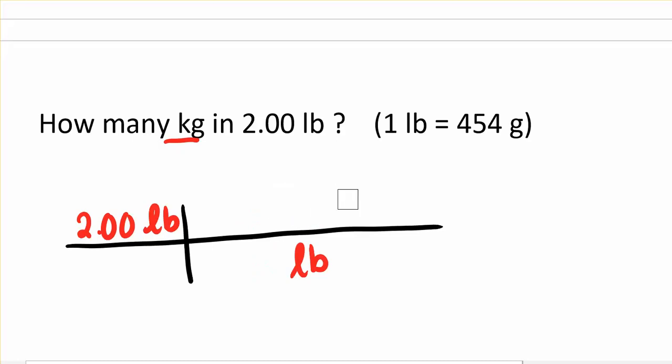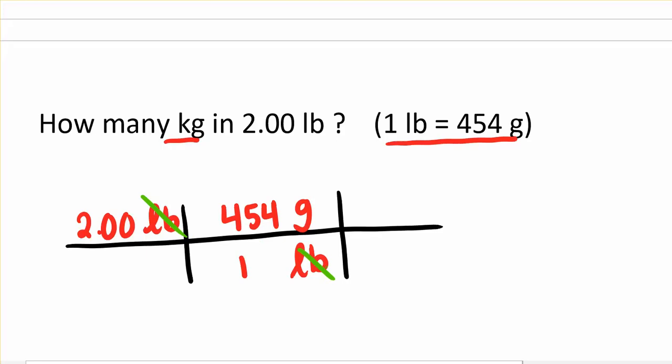So I'm not going to go to kilograms next. I'm going to use this conversion factor. I'm going to go to grams next. And so I just need to make sure the 1 stays with the pound, the 454 stays with the grams. Okay, so right now if I solve this problem, the pounds would cancel and my answer would be in grams.